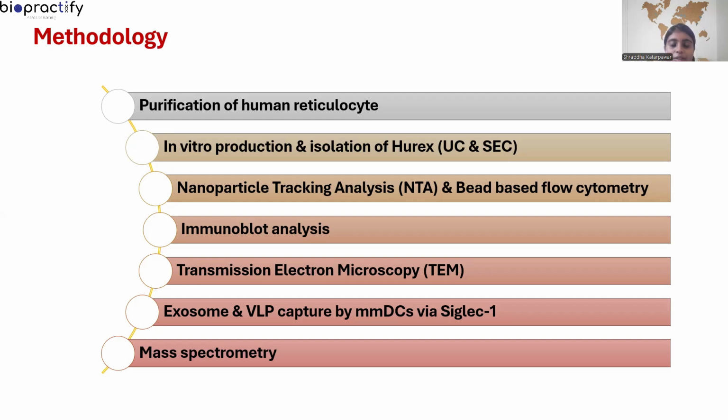The fraction we collect is called the SEC fraction. In ultracentrifugation, the samples were subjected to sequential centrifugation at high RPM, and the supernatant obtained is called the ultracentrifugation supernatant. By these two processes, we isolate the exosomes. Now both the extracts are enriched with exosomes.